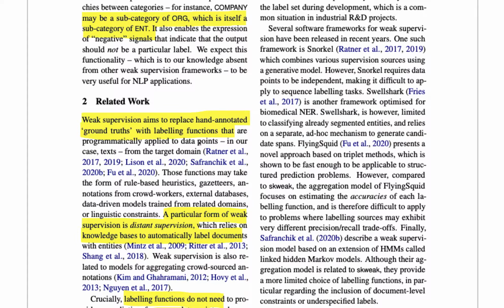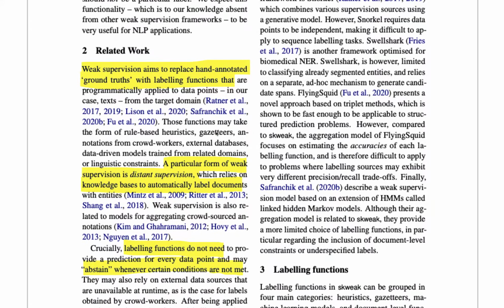The way you usually annotate your data in NLP is that you go over each example one at a time and you manually assign labels to each example. But in supervision and weak supervision methods, we generate a set of labeling functions and we use those labeling functions to generate labeled data for us.